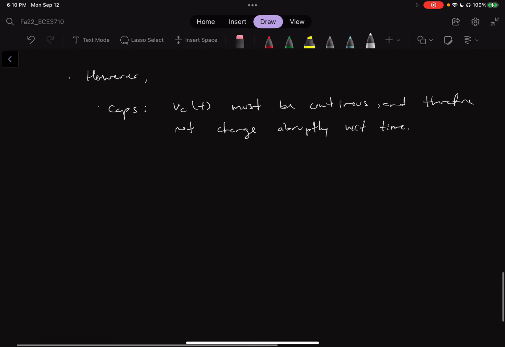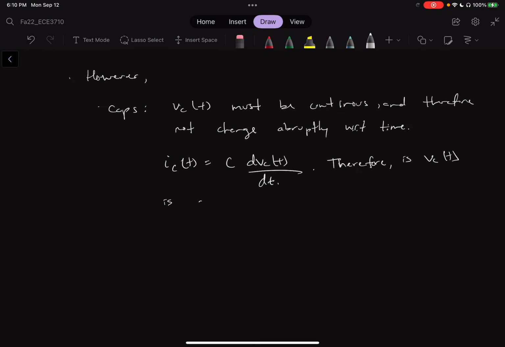Because the current of a capacitor is equal to the capacitance times the derivative of the voltage. Therefore, if VC of t is continuous, then IC of t exists.